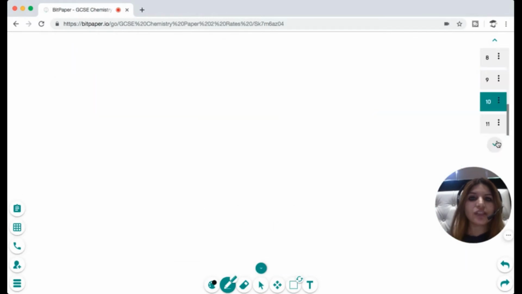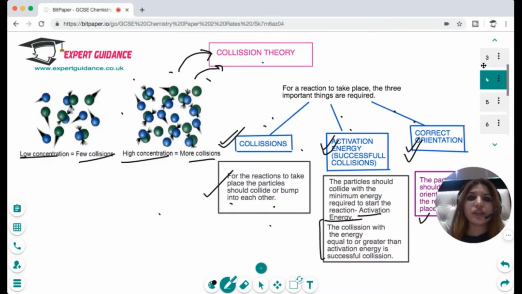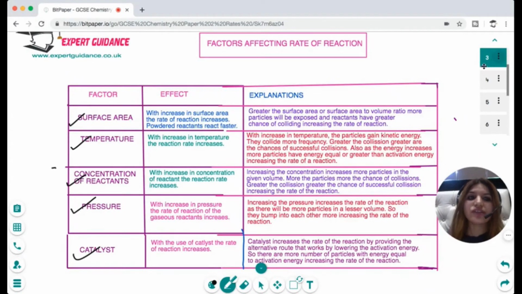When we increase the concentration, the rate of the reaction increases. Why does it increase? Because there are more particles, more collisions, more chances of successful collision, and greater the rate of reaction.